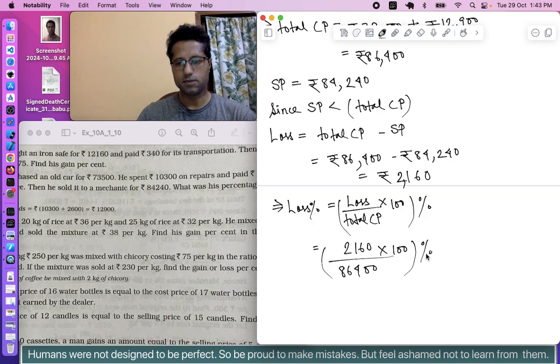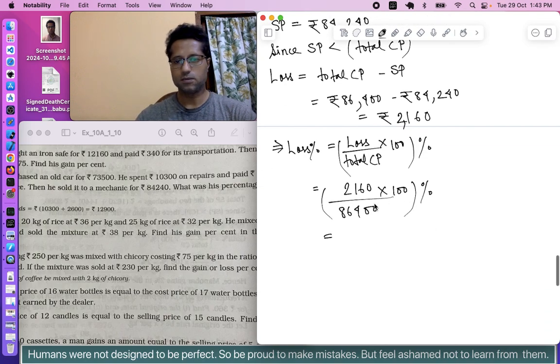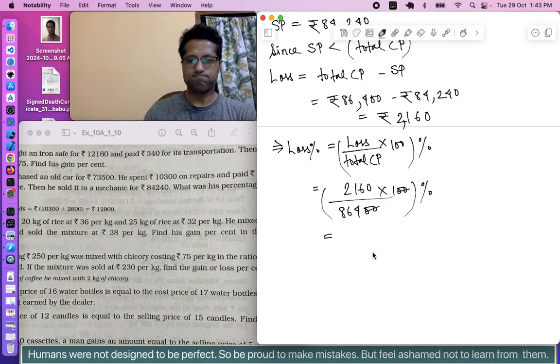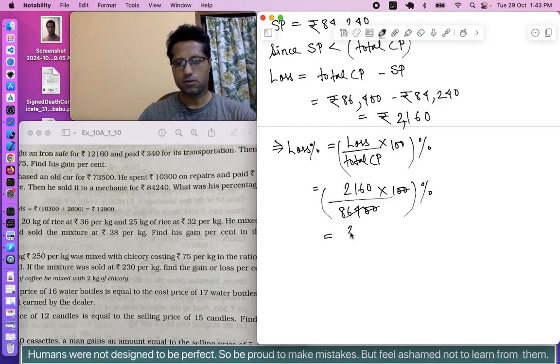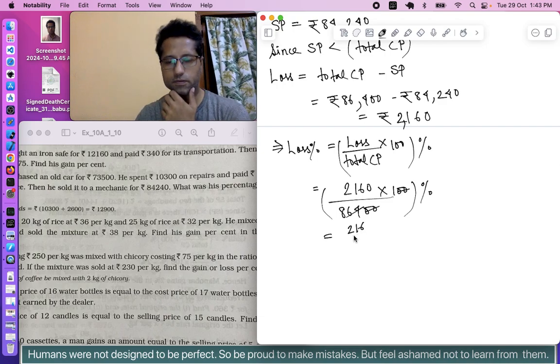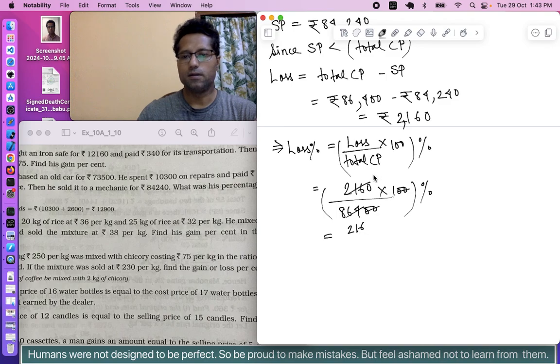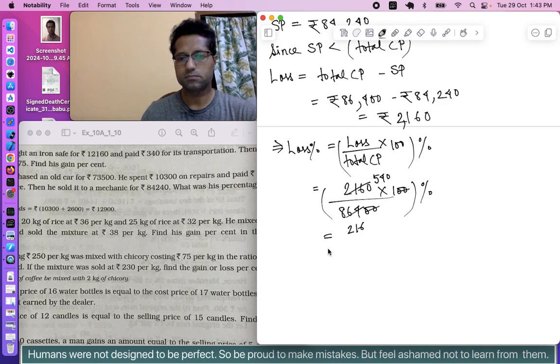So when we simplify this, 0 cancels out, and let's divide by 4. 6 divides 540 with 90, 6 divides 216 with 36.